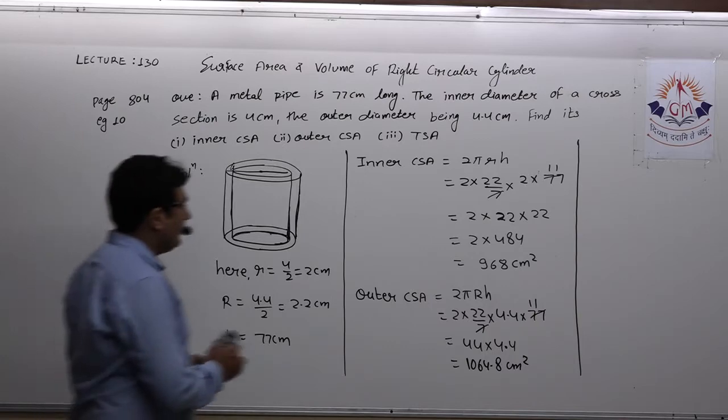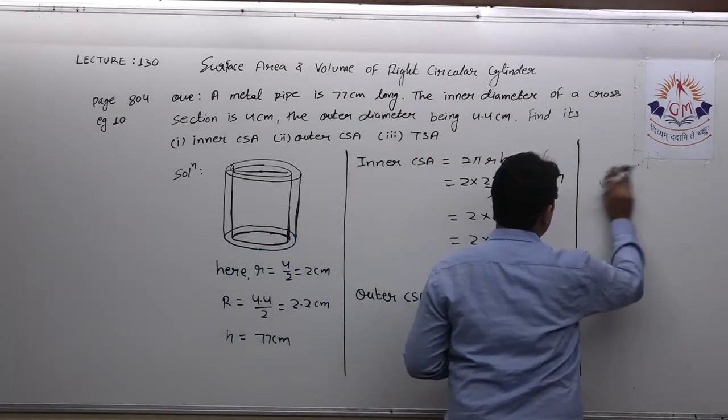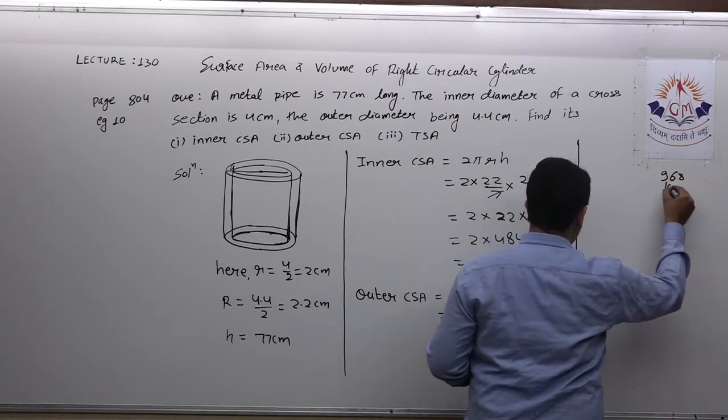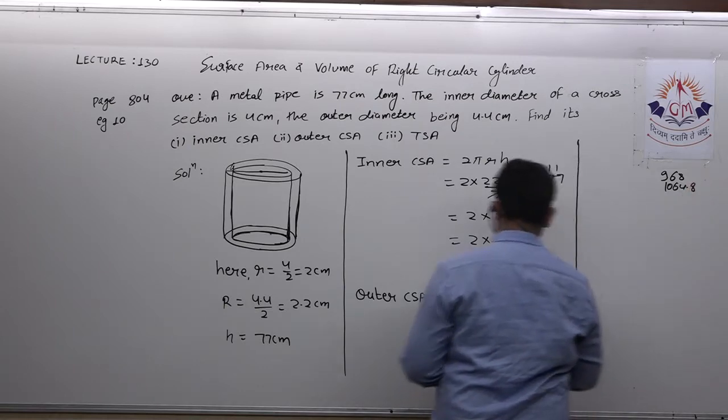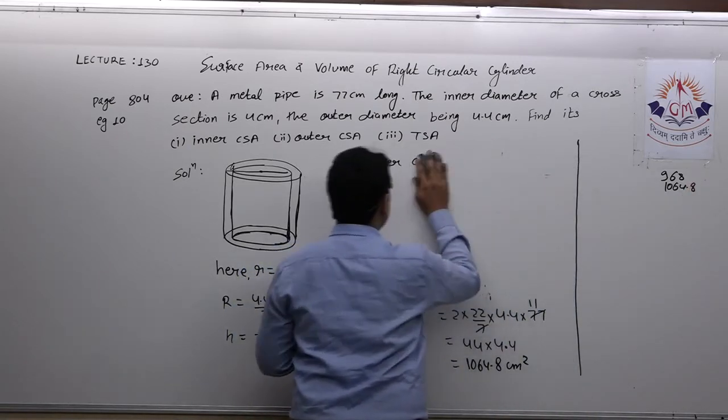After this, now here I am taking this 968 as it is. That is inner CSA. 968 is inner CSA and 1064.8 is outer CSA. Now we'll find the total surface area.